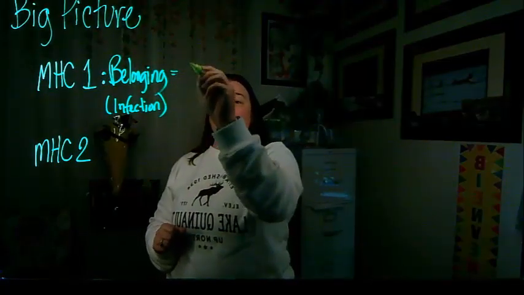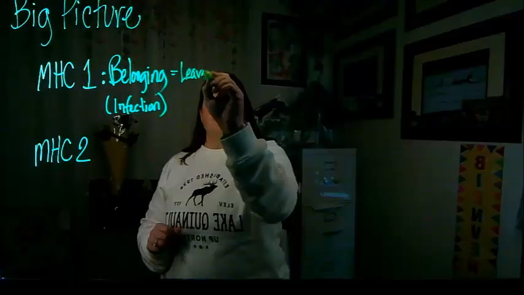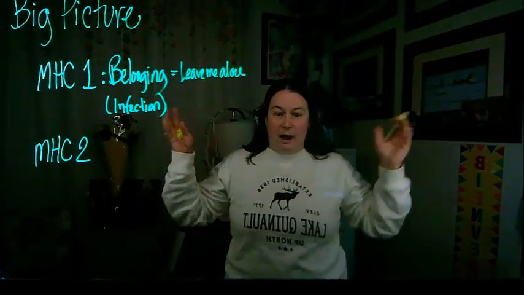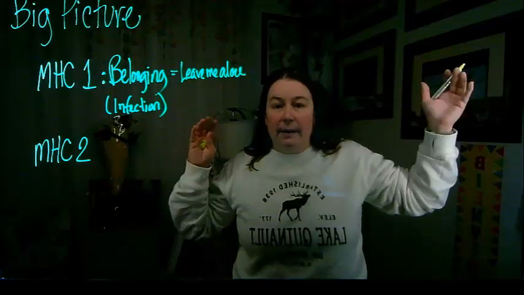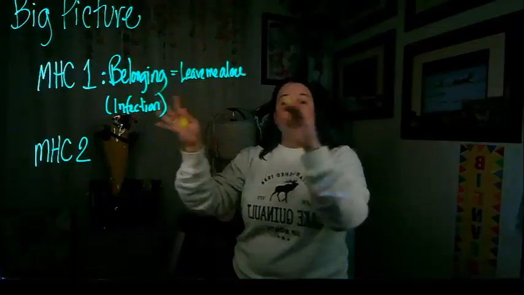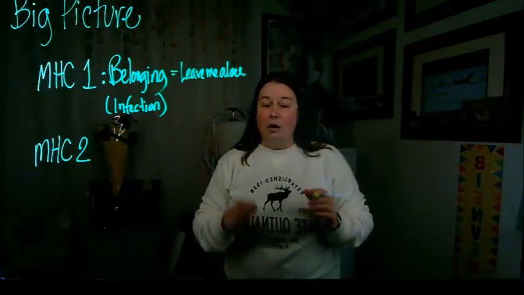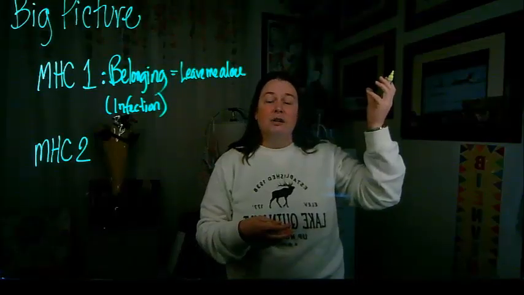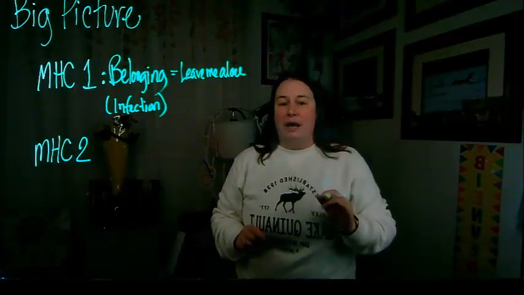If you belong, the message is leave me alone. So any of those roving cells, those cells coming out looking to attack and remove cells that don't belong in the body, those are going to be able to come along, read an MHC1 with a self protein, self antigen, and realize everything's A-okay, we're safe.